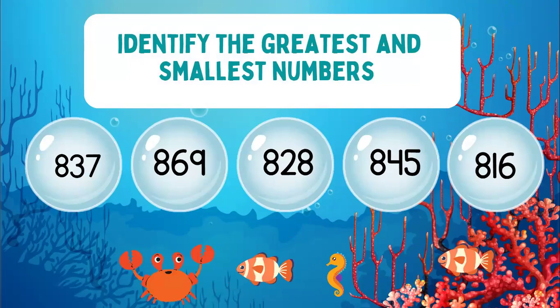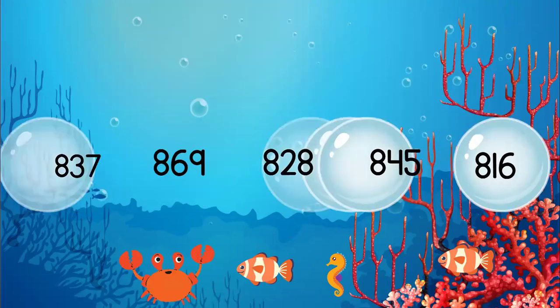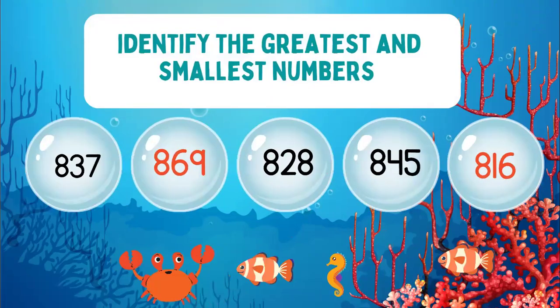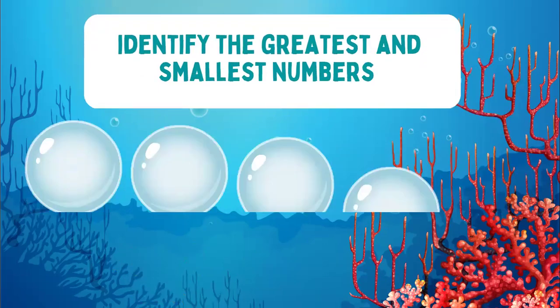Ooh, this is a bit tricky, right? But you can find it out. Okay, let's see. If you chose 869 as the greatest number and 816 as the smallest, you're becoming smarter than me. That's true. That's a fact.